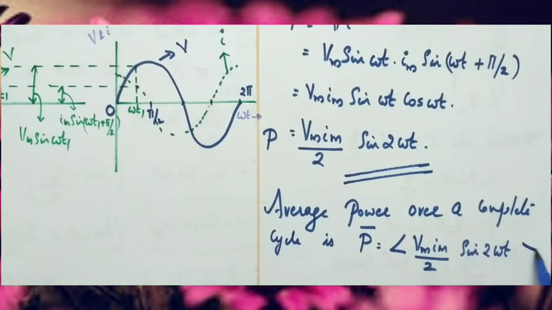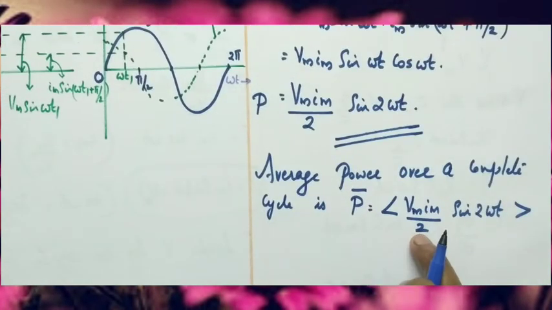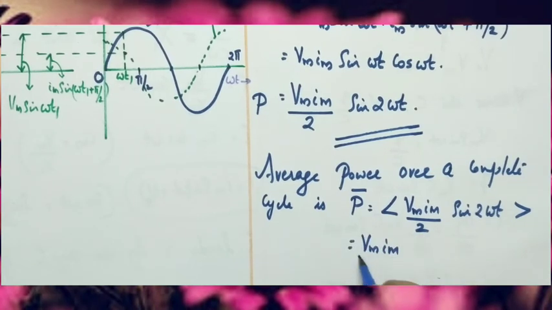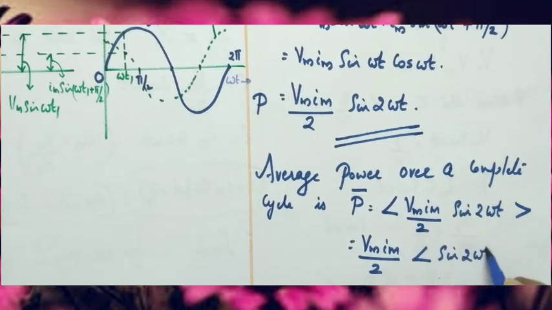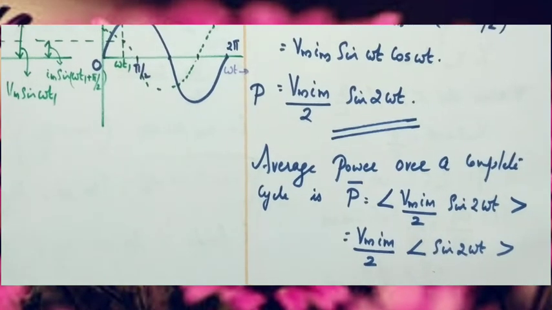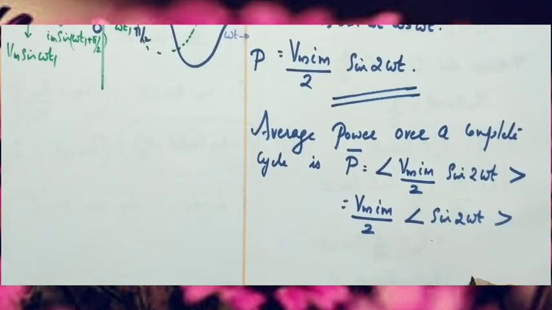Vm Im by 2 is a constant, so it can be written as Vm Im divided by 2 into the average of sin 2 omega t. Already we have discussed that the average of sin 2 omega t is equal to 0. So here also average power is equal to 0.